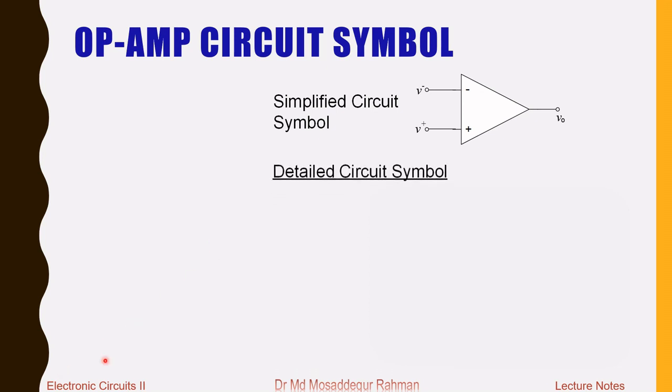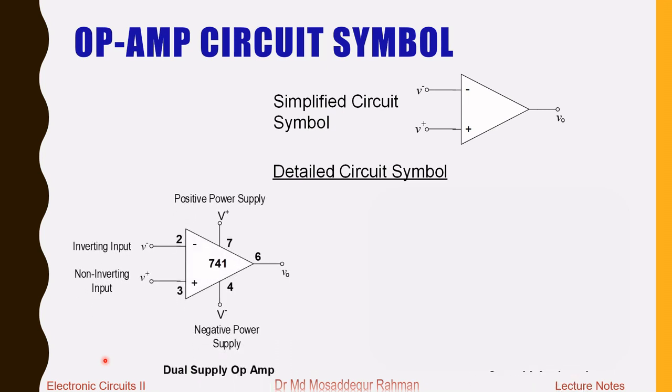The detailed circuit symbol will show more. In addition to the input and output signals, it will also show the power supplies. In this diagram, we have the symbol for the op-amp, terminal 2 the inverting input terminal, terminal 3 the non-inverting input terminal, terminal 6 the output.